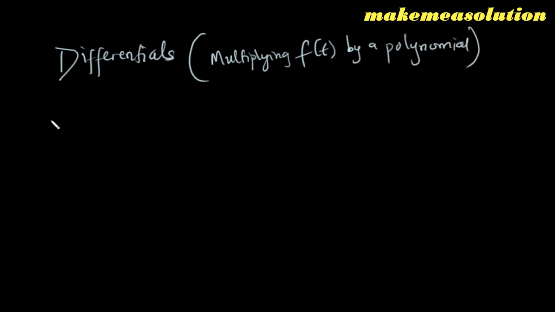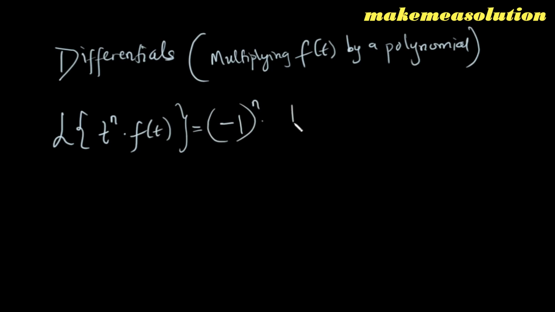Assuming I have the Laplace transform of a polynomial t raised to the power of n multiplied by f of t, how do I actually solve this? The proof is minus 1 raised to the power of n, then the nth derivative of your function f of s with respect to s. You differentiate your f of s with respect to s n times, and you raise minus 1 to the power of n.